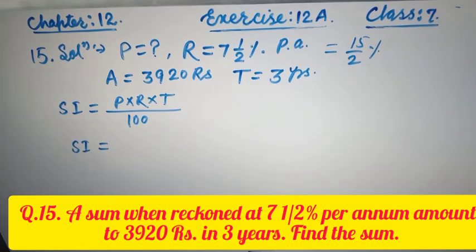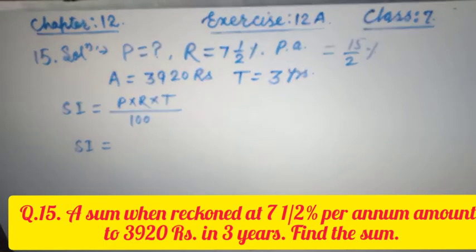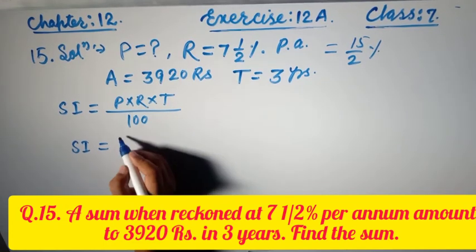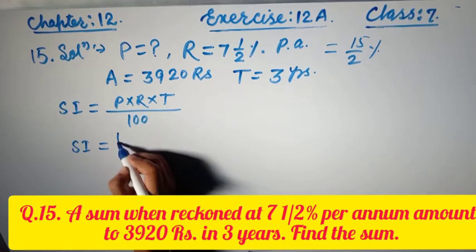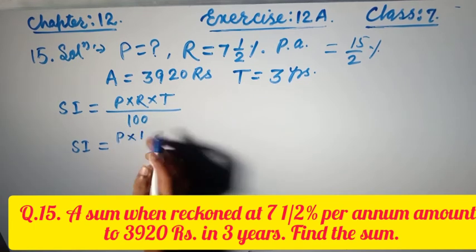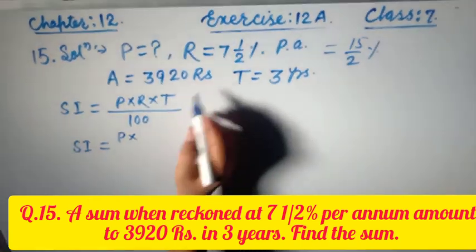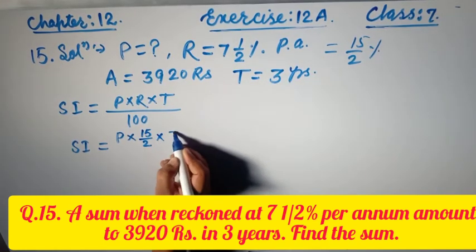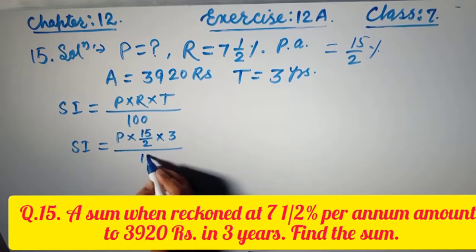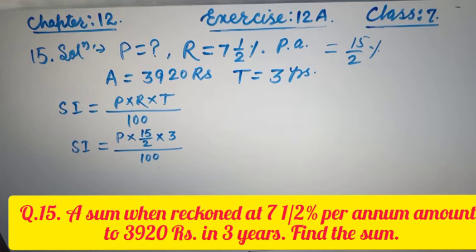Now see friends, here SI is equal to P. Write the P as it is. This is R. Here R is 15 by 2%, and time is 3, divided by 100. But here one thing is the problem, friends.